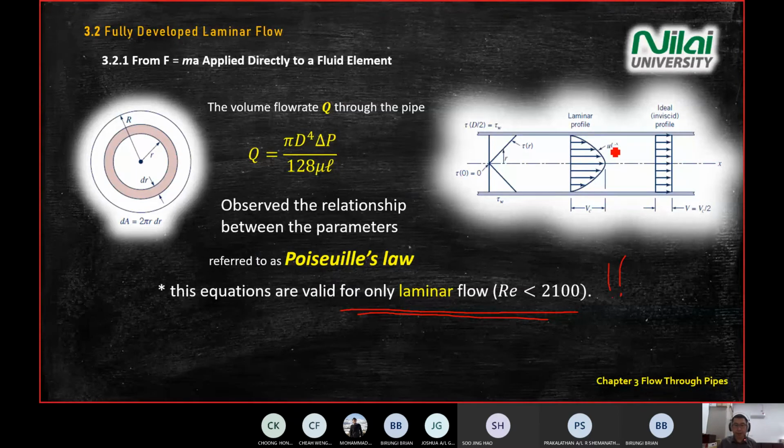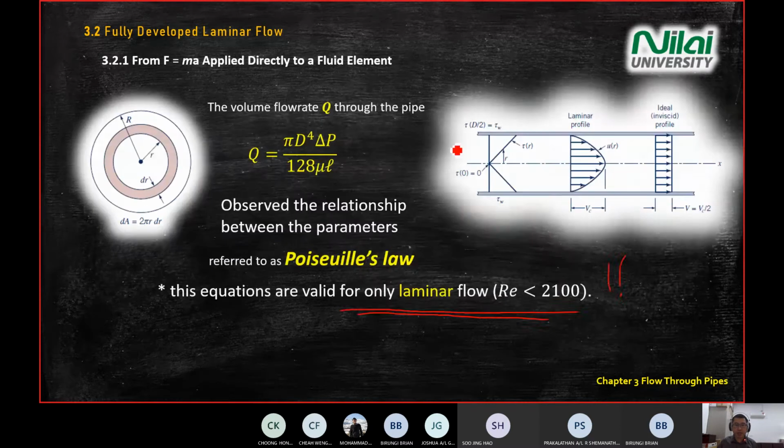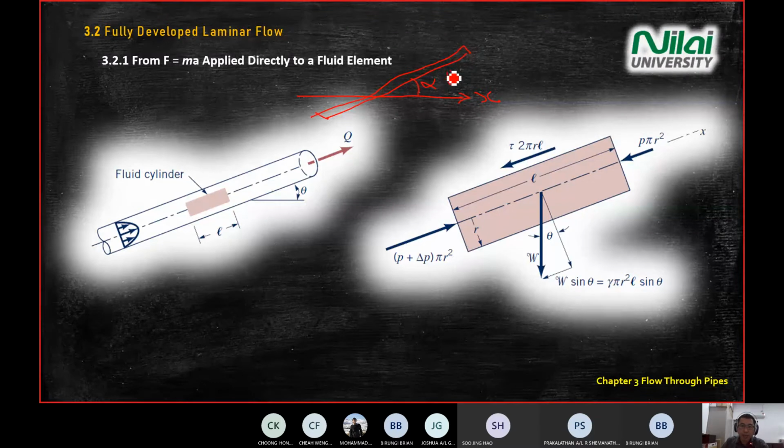And so far we looked at a horizontal pipe. So what happens if you tilt your pipe at a certain angle, like you see on question 14? So if your pipe, let's say this is your reference axis, if your pipe is in this direction with the angle theta, this orientation we call uphill orientation.